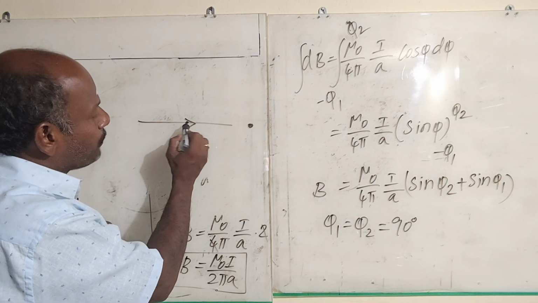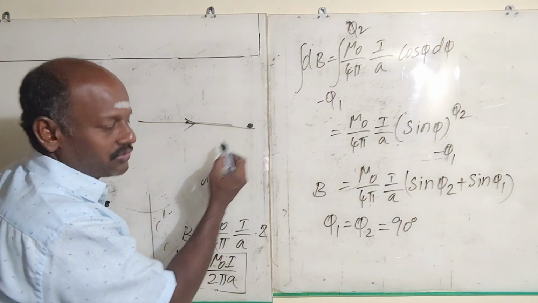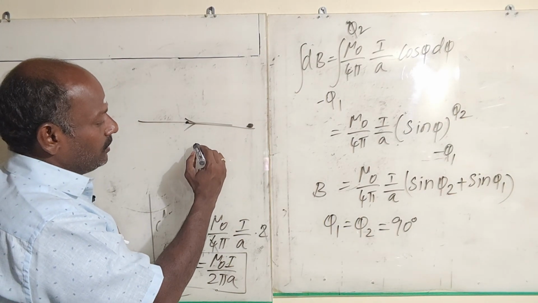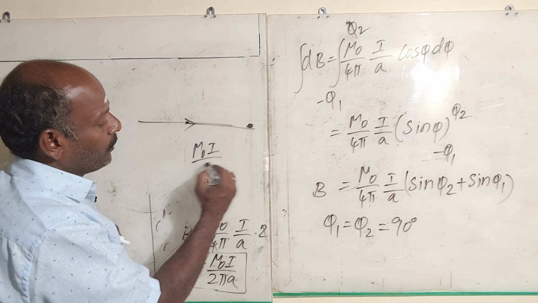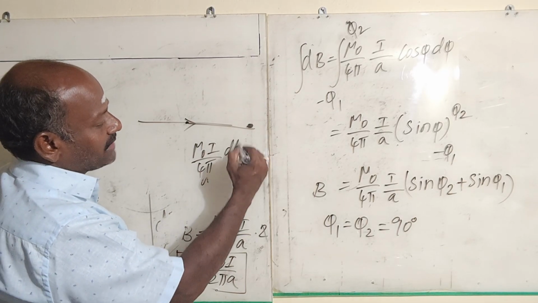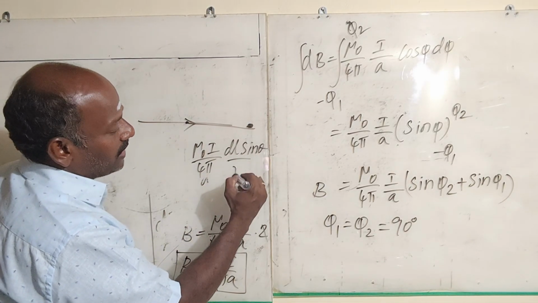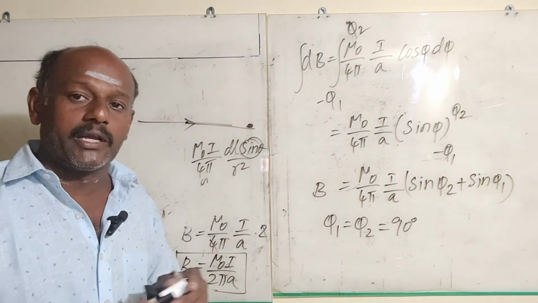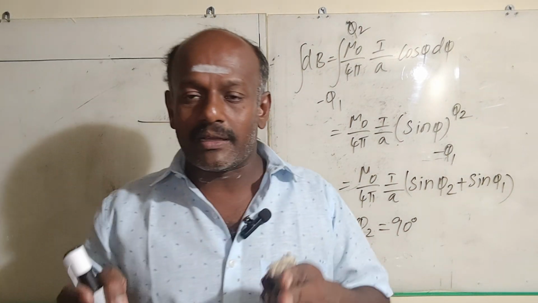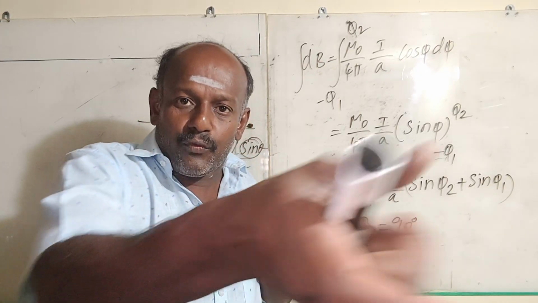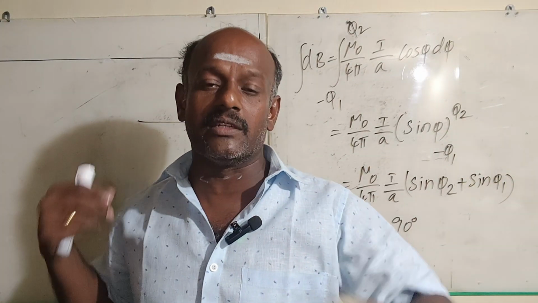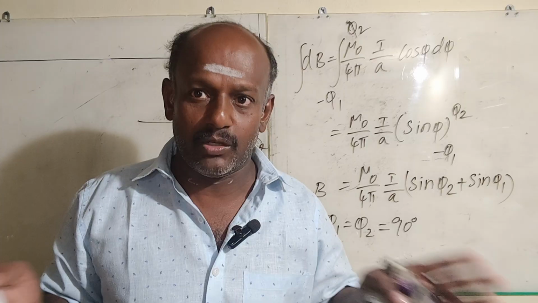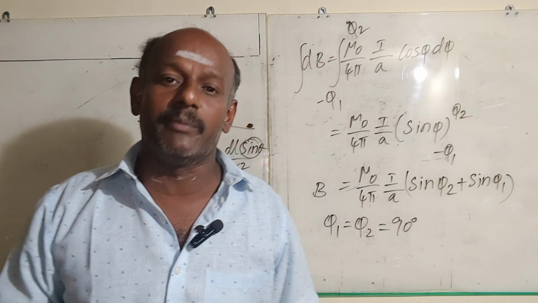Because at this point the angle will be 0 in the formula mu naught I by 4 pi into dl sin theta by r square. Here sin theta becomes 0, so the entire value becomes 0. So in the forward direction and also the backward direction of the current, there won't be any magnetic induction. Only around the conductor do we have the magnetic induction.